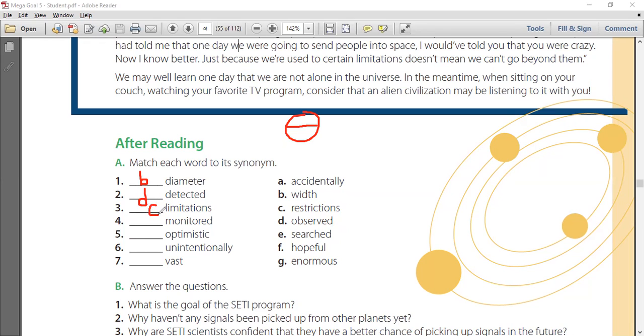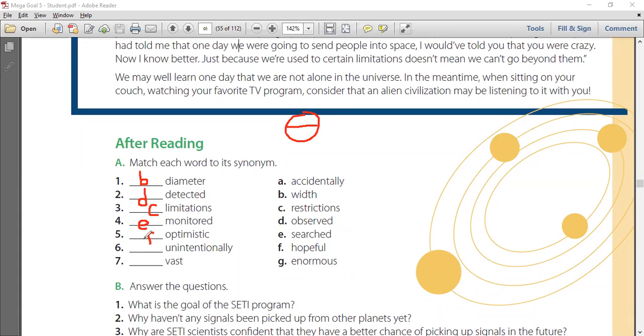Number 4, monitored, which means, yes, thank you so much, Sarah, Bayadir, Najia, and Maria, which means searched. I like that you participated. Number 5, when someone is optimistic. Yes, it means hopeful. Thank you, all of you.